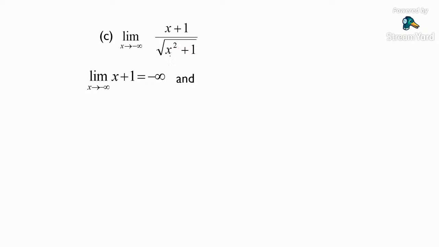And if you substitute negative infinity into the square root of x squared plus 1, you get a square, so instead of negative infinity it becomes positive infinity. So we get negative infinity over infinity. That means we should divide with the highest power of our denominator.